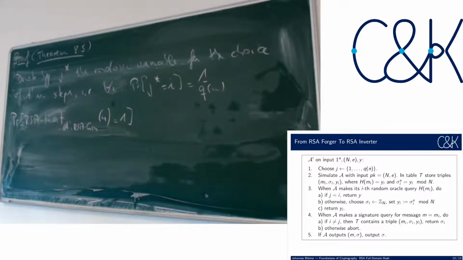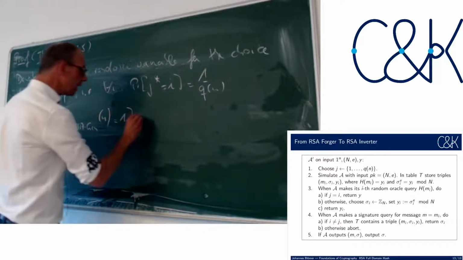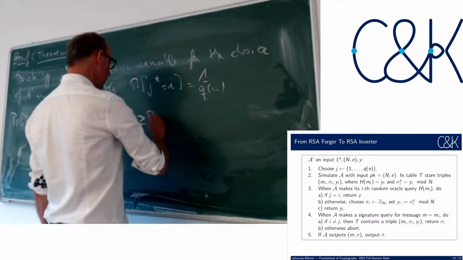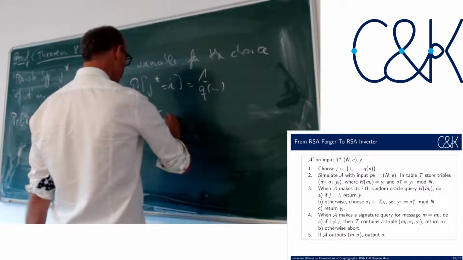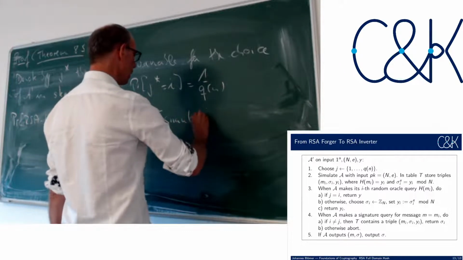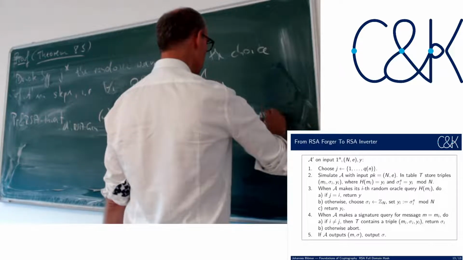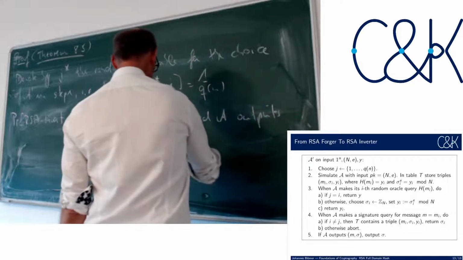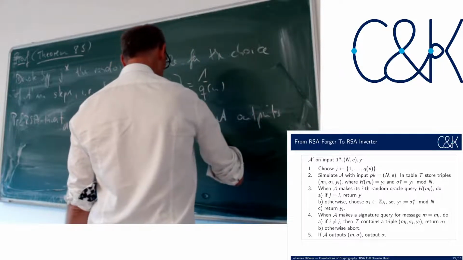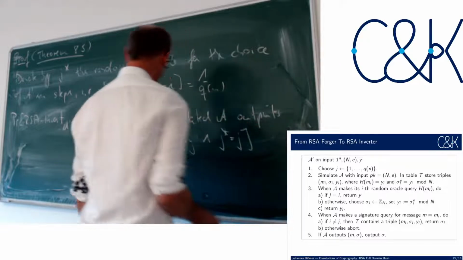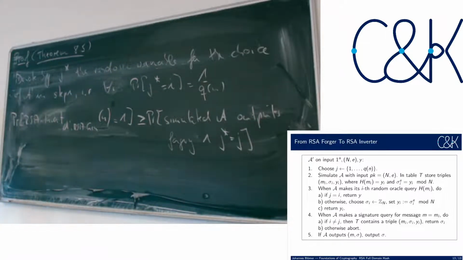And so what we can say is that this, by what I said, is at least the probability that simulated A outputs a forgery and J prime is equal to J, where J is the index that we pick here.